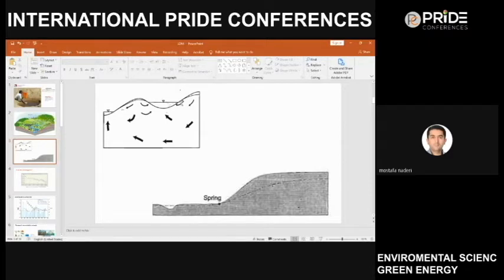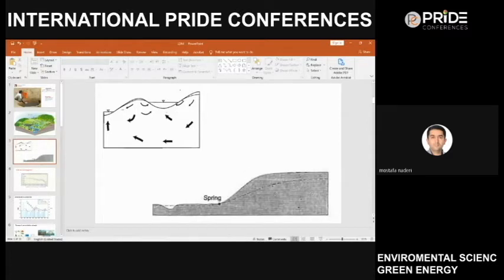So groundwater indirectly supports the ecosystem when it flows into the river and is then used by the flora and fauna that exist in the region of interest.